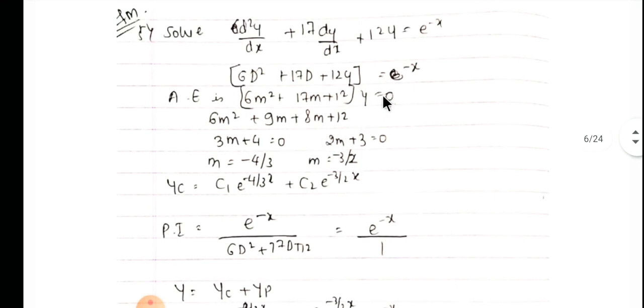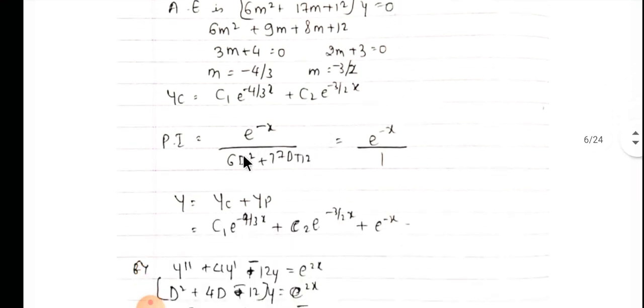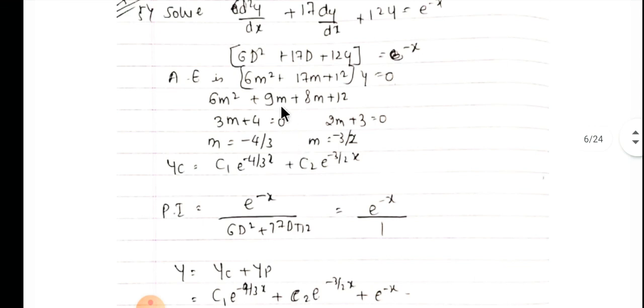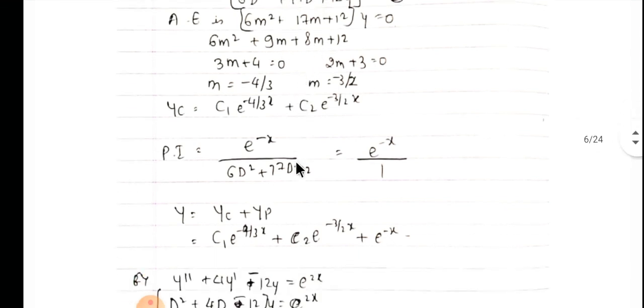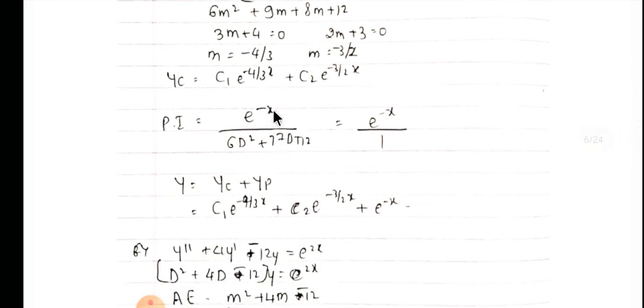Now I have to find the particular integral, that is RHS divided by the auxiliary equation. RHS is e to the power minus x and the auxiliary equation is 6d square plus 17d plus 12. Here the coefficient of x is minus 1, therefore d is substituted as minus 1. Simplified, you are going to get the answer as e to the power minus x divided by 1.